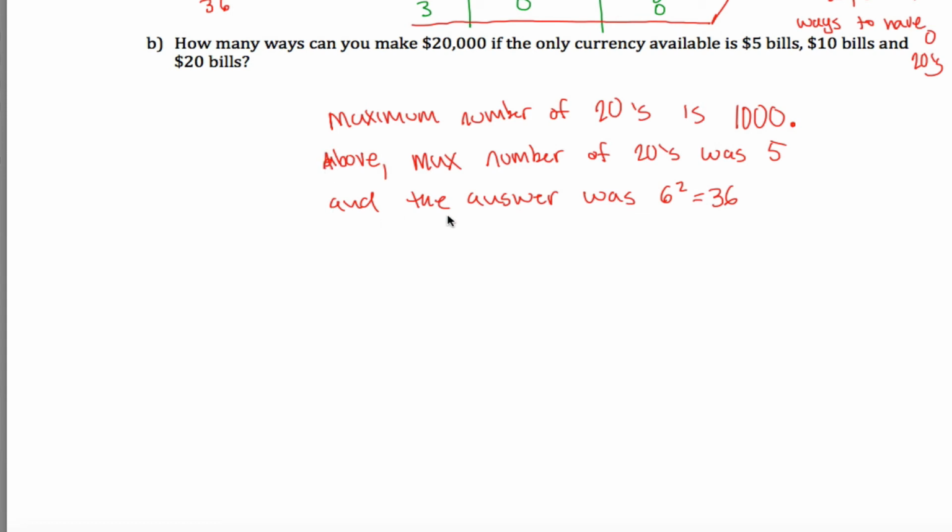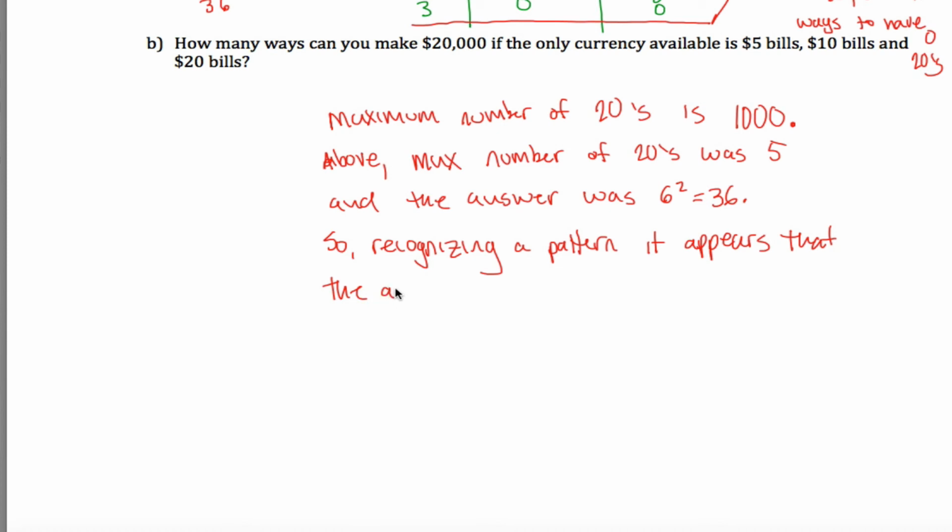Not that this is an English class. So, recognizing pattern, it appears that the answer here would be 1,001 squared, right? One more than the maximum amount of 20s, squared.